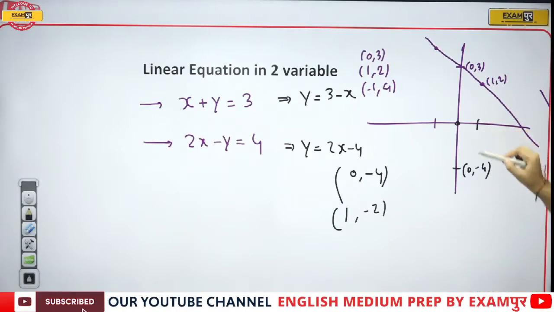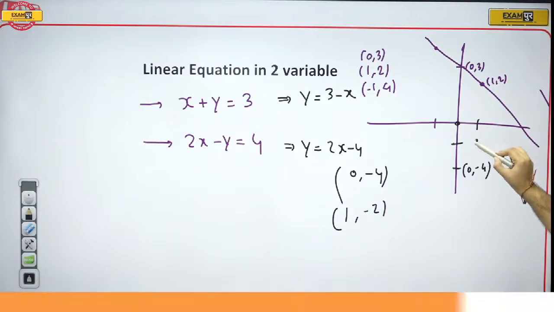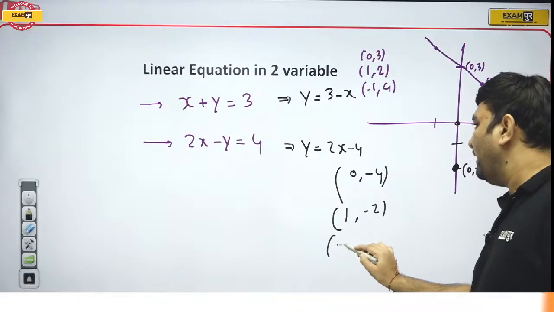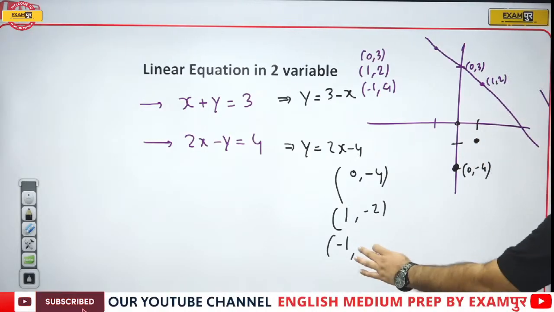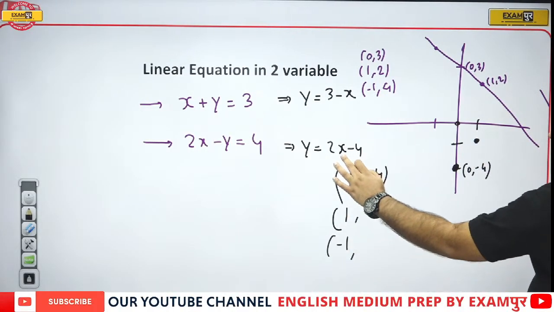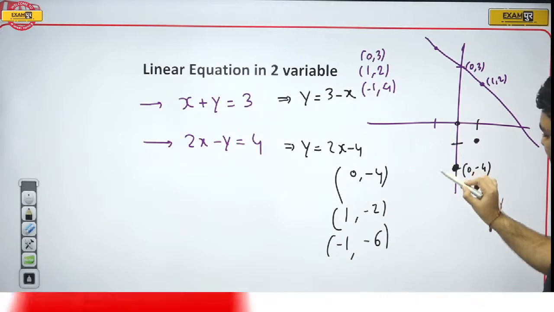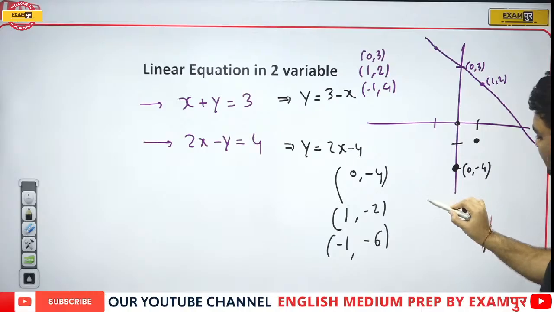So from here, it is now moving here. For x is equal to minus 1, it is minus 6, even lesser.